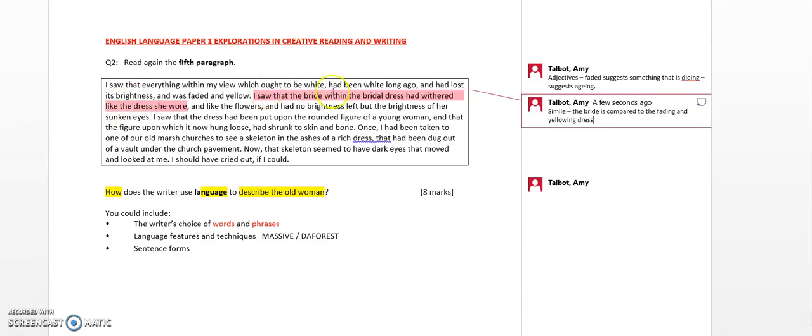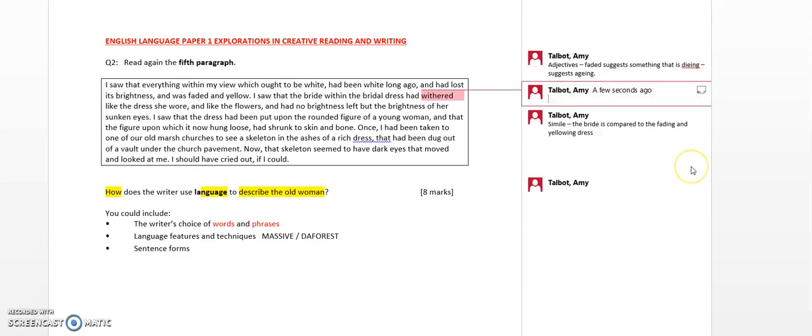And also I'd probably zoom in on this word withered here, because this suggests fading away to nothing, something decaying, like the dress.